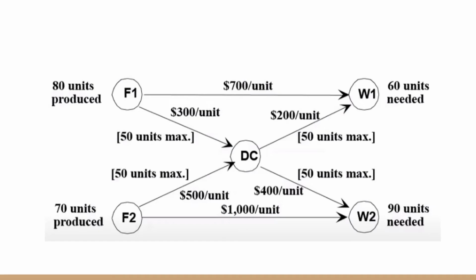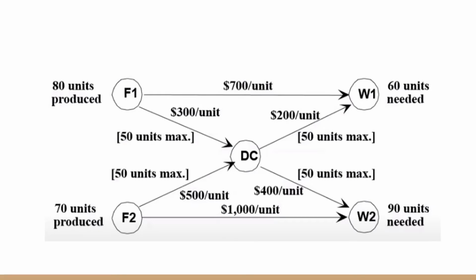So for example, the top arc connects factory 1 to warehouse 1. And this very top lane has an arrowhead on it, implying a particular direction that the units can flow. And we also have a cost now associated with that arc of possible flow.